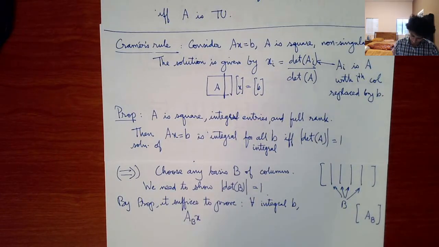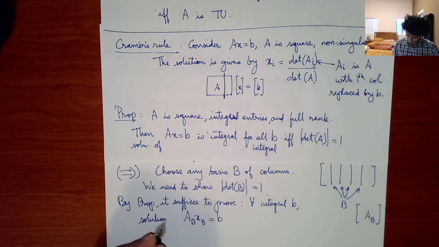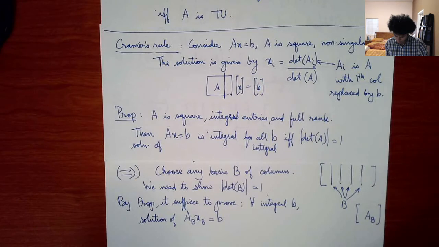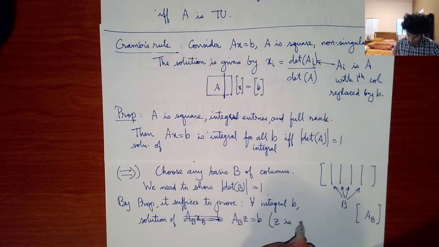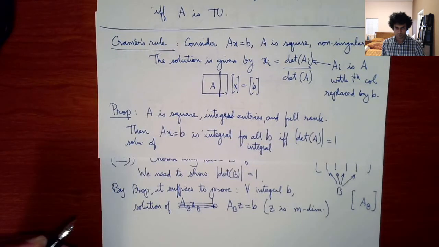I'm just going to refer to this as A_B x_B, just a solution, because x isn't really n-dimensional, it is m-dimensional. Maybe let me instead say A_B z is equal to b, where z is m-dimensional. So by the proposition, it suffices to prove this.